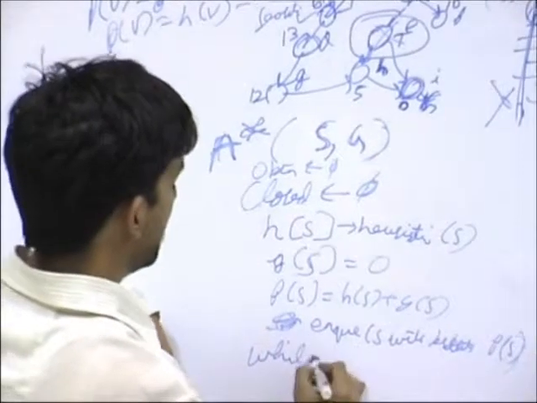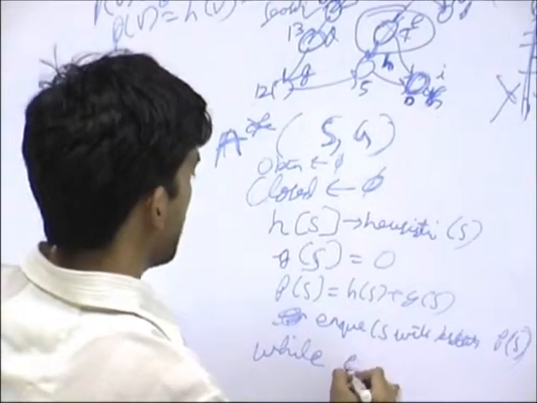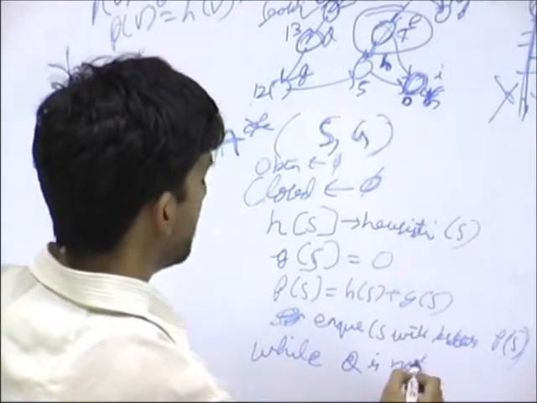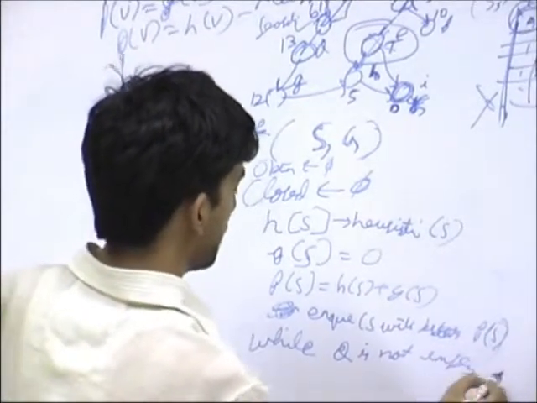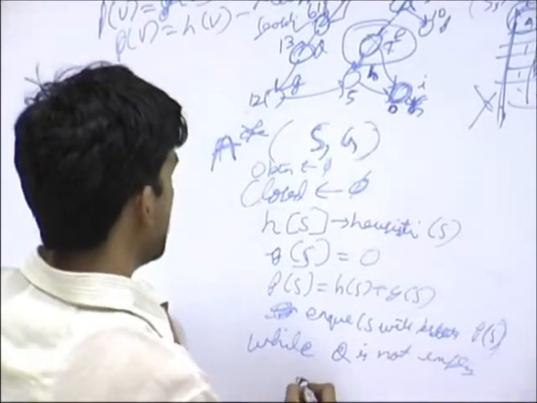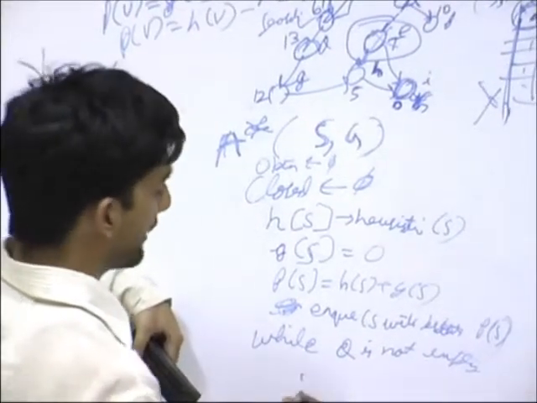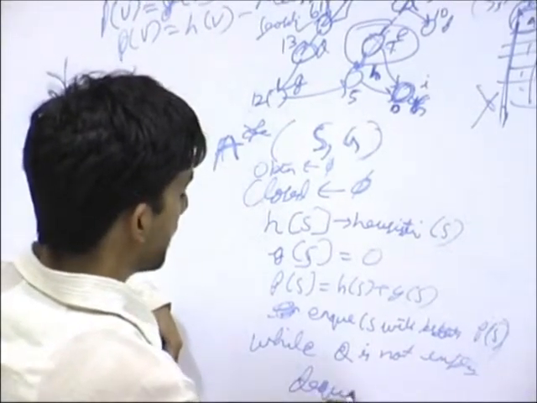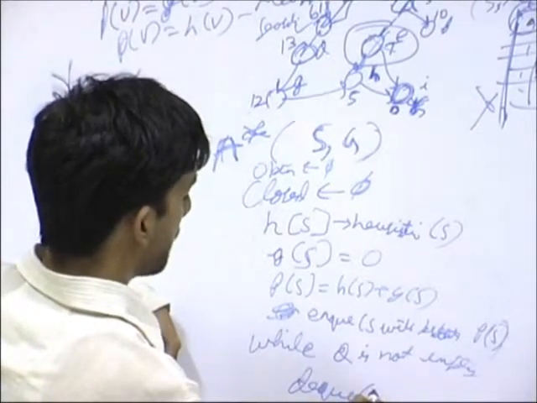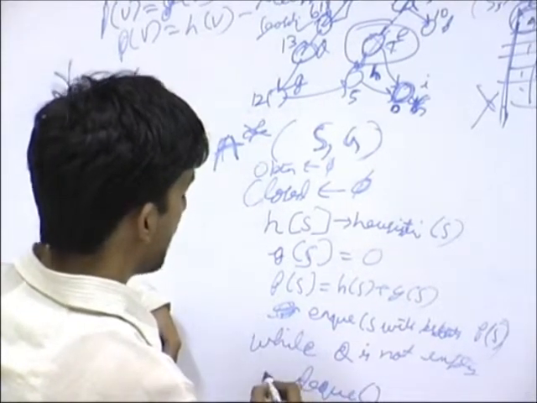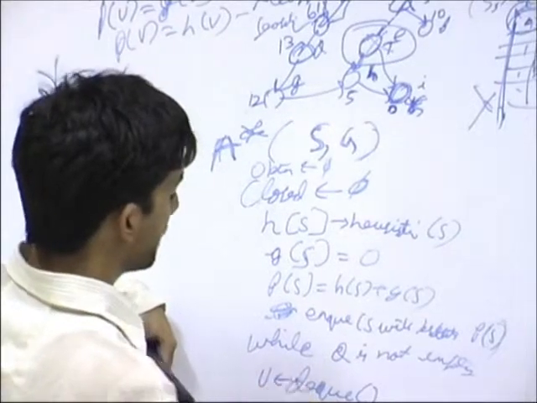I just say while Q is not empty, simply take out the value with the lowest priority there. So I say dequeue from this Q, I get a vertex v.